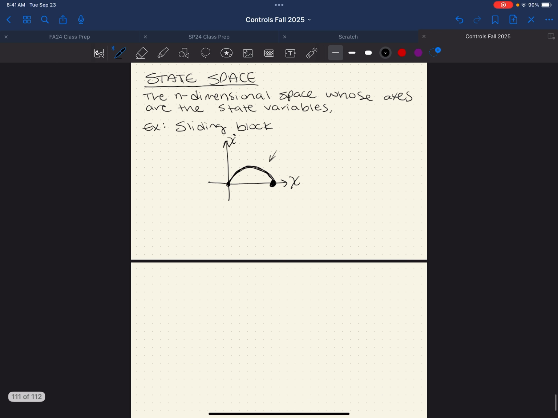All right, now let's look at what the state space equations look like for a linear time invariant system.